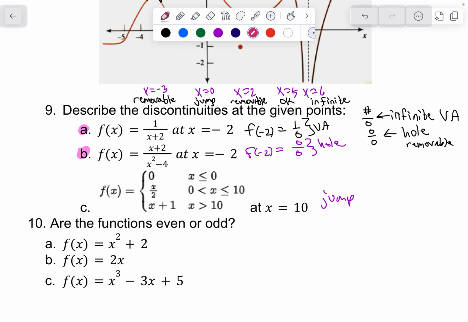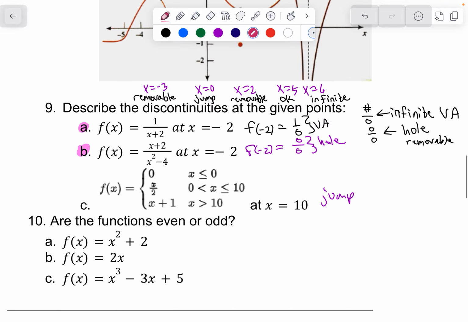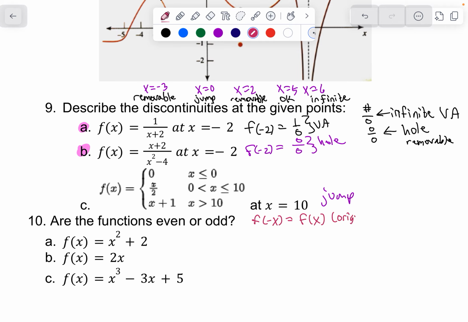Finally, the last thing you need to know for the quiz is how to determine if a function is even or odd. If you stick in -x, and it goes right back to where it started, so it matches the original, it's even. I'm sorry, I went parenthesis crazy there a little bit.